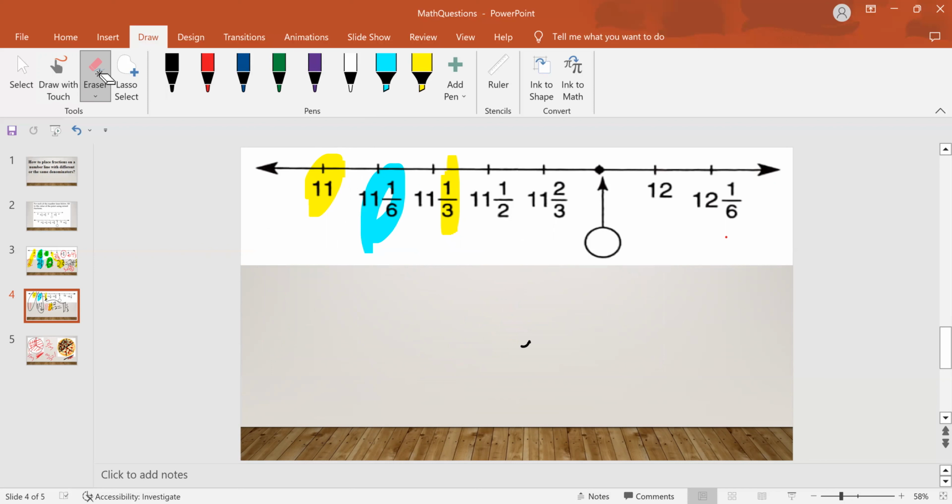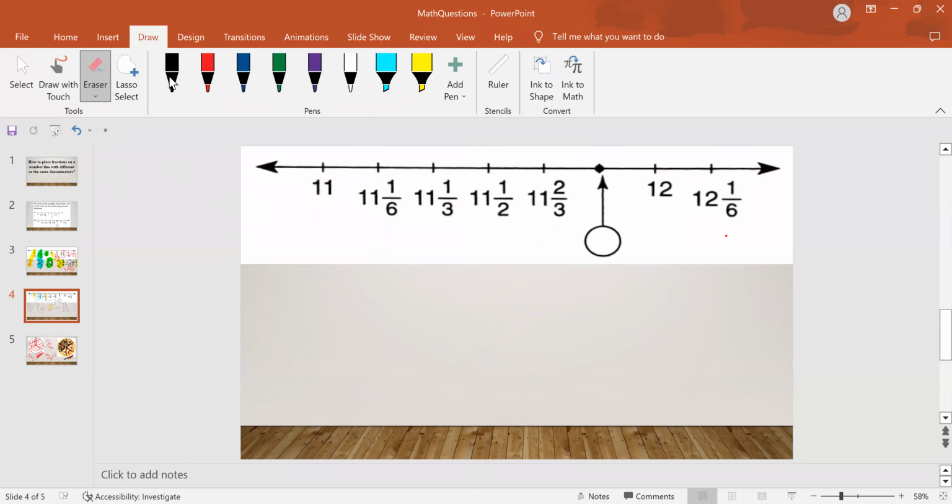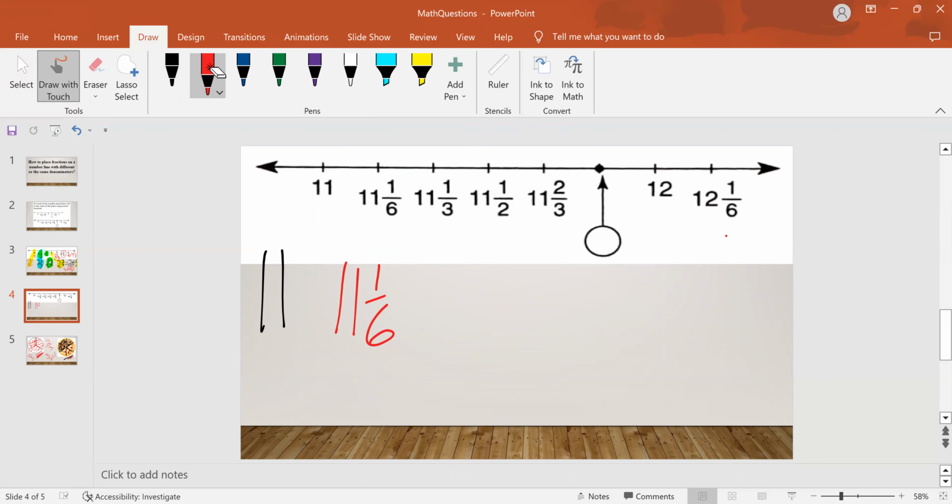So the first number we have 11. The next number we have 11 and 1 out of 6. The next number we have 11 and 2 out of 6. Remember, we simplify this, or we reduce 2 over 6 to get 1 over 3.